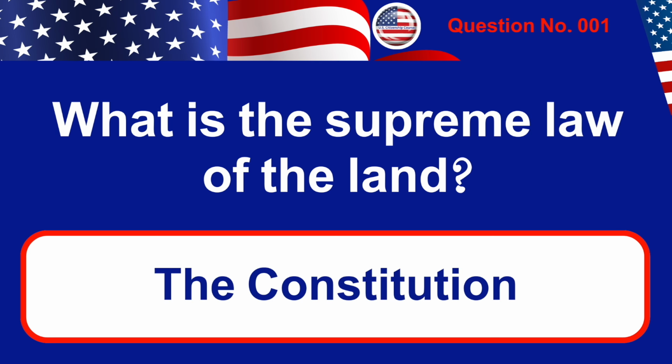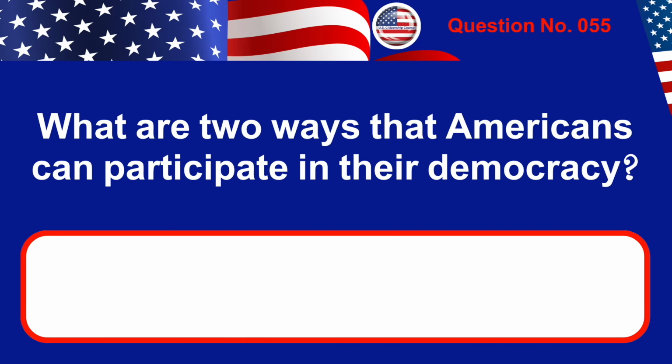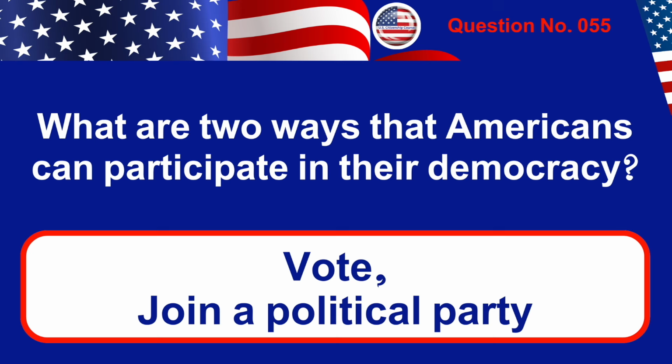The Constitution. What are two ways that Americans can participate in their democracy? Vote. Join a political party.